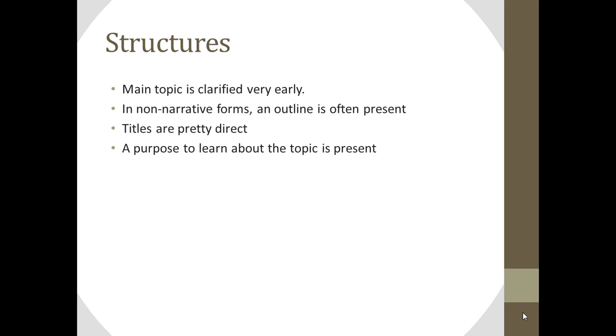A purpose to learn about the topic is there, and that might come early on, right at the beginning. It might not be really made clear to you until the end, but usually the author, the writer, is going to give you some reason that you should be informed. Again, that might start sounding a little bit persuasive, but you're thinking about the overall purpose of the text.